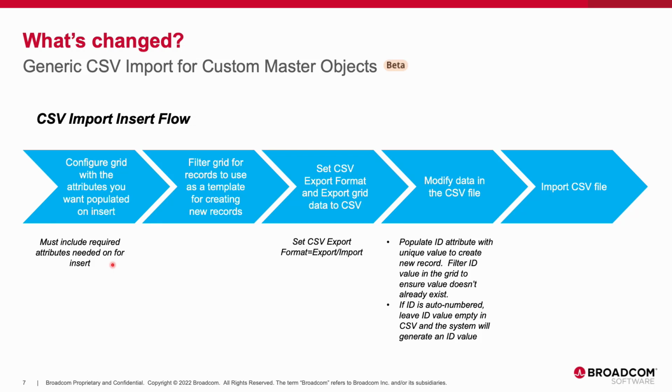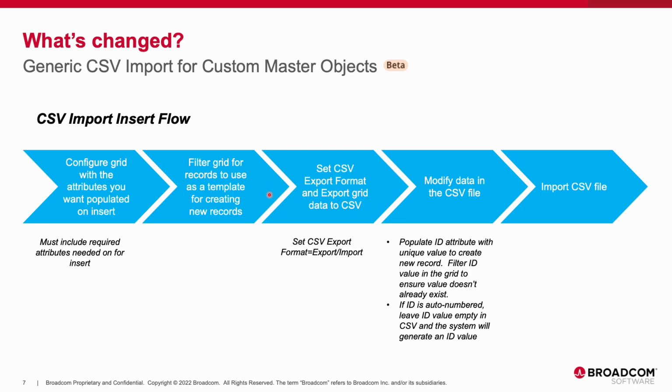If they're not already there, it will automatically add any required attributes that are not inside the grid at the end of the grid. Then filter the grid for records you want to use as a template to create new records. We feel that's the easiest way of seeing how other records are created, and to utilize and update that for your new records to import inside Clarity.